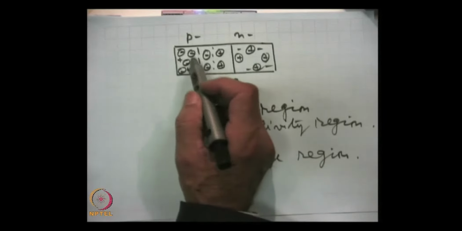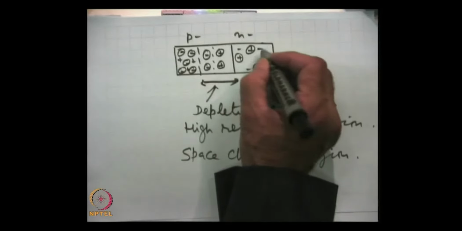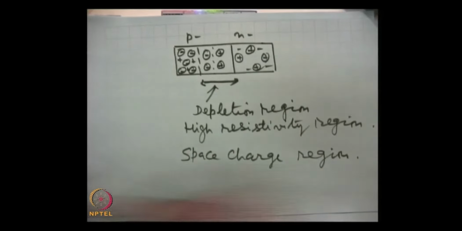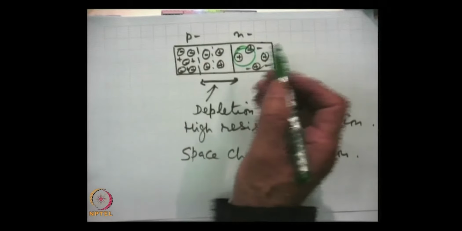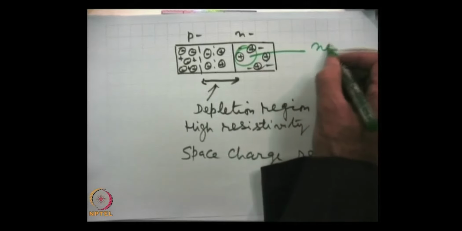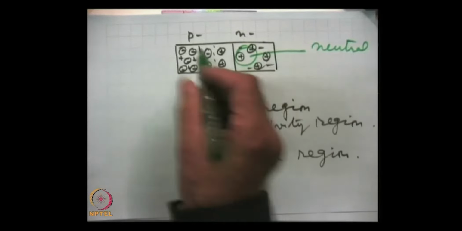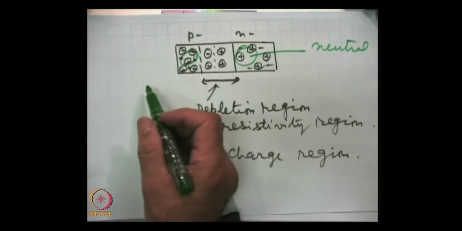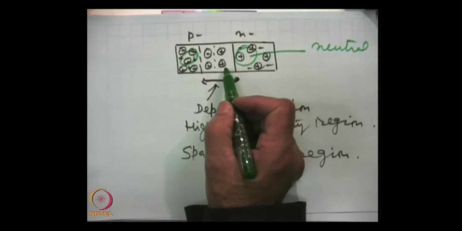So, overall, in any segment of the regions away from the junction, it is neutral. Similarly, this is neutral, but this is not neutral.